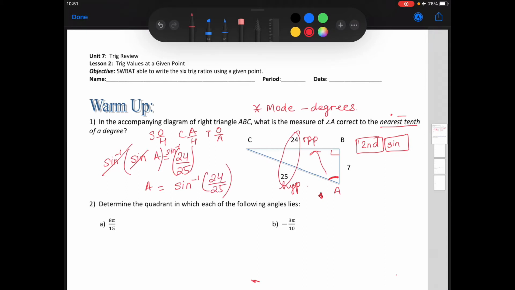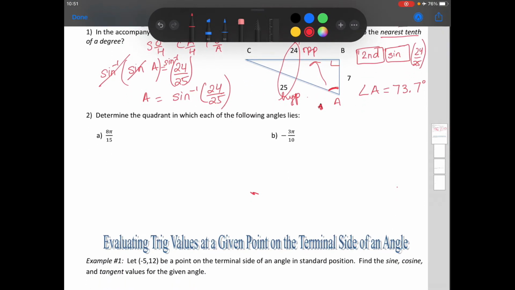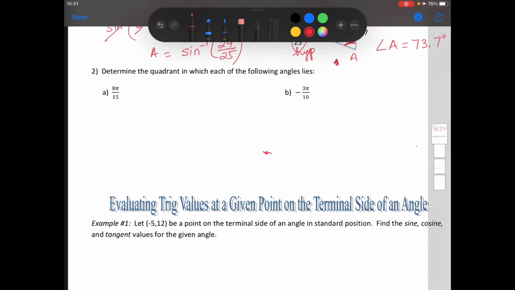Do second sine and then type in 24 over 25. That would give you angle A, which, rounded to the nearest tenth, is 73.7 degrees. So that's how you find the angle. You do second sine or second cosine, whatever your function is, or second tangent. That's how you do it.